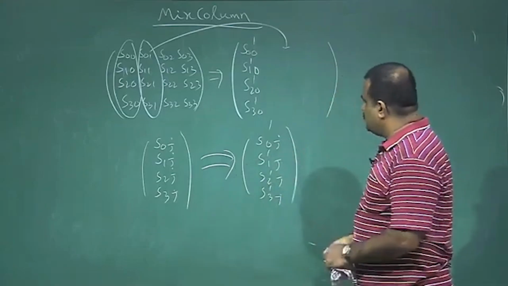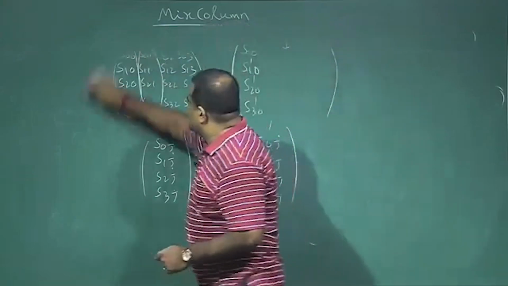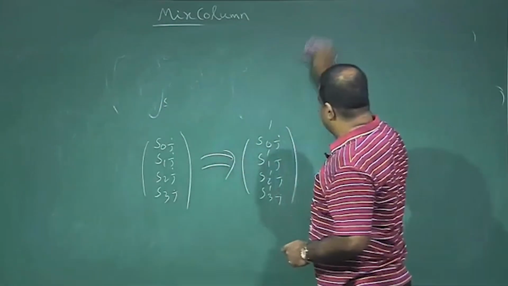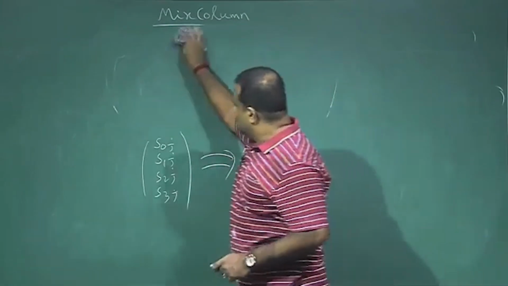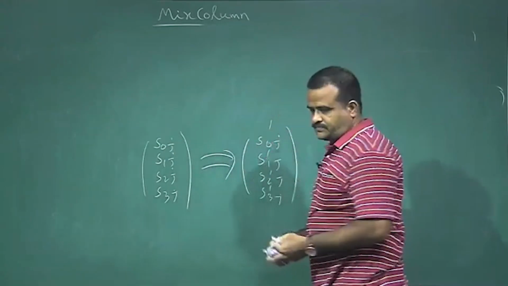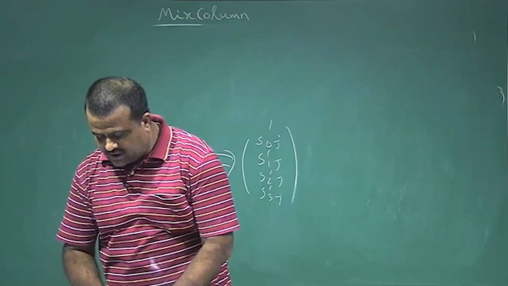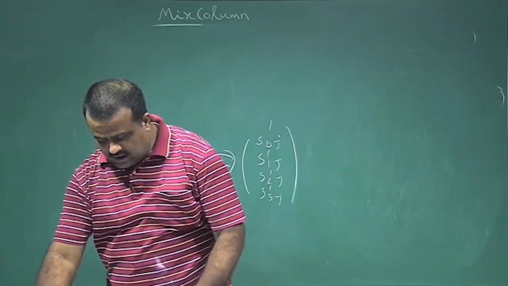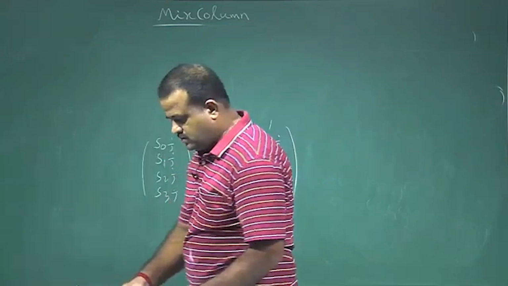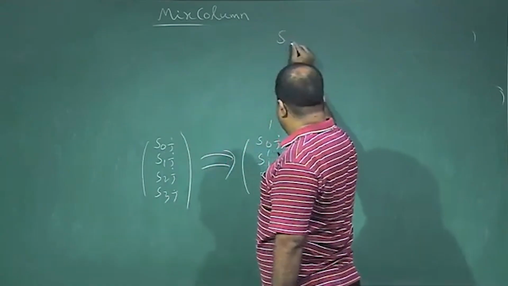We will just come to know. So, this is the operation. Now, what are these primes? This is basically the field operation on the column.